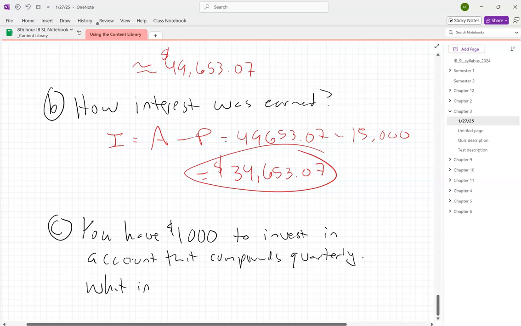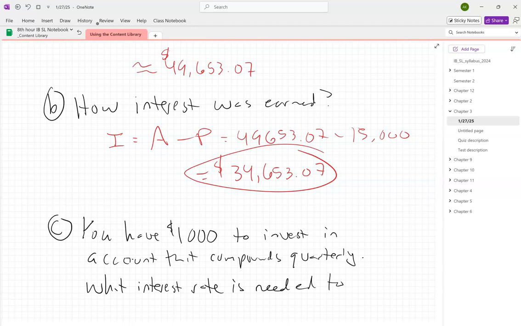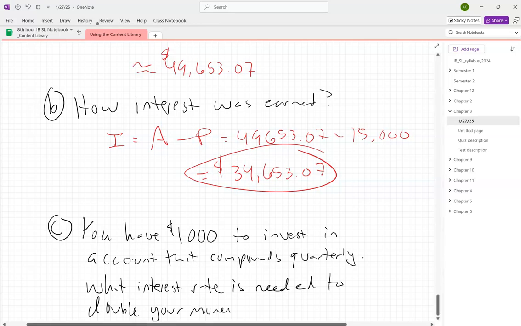What interest rate is needed to double your money after 10 years?